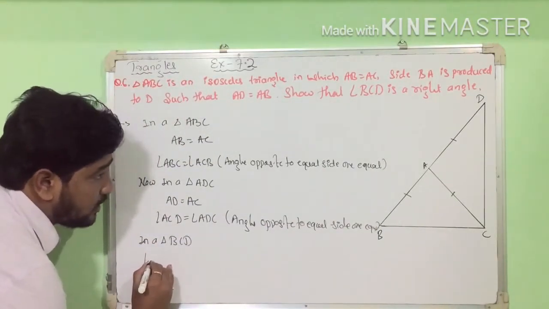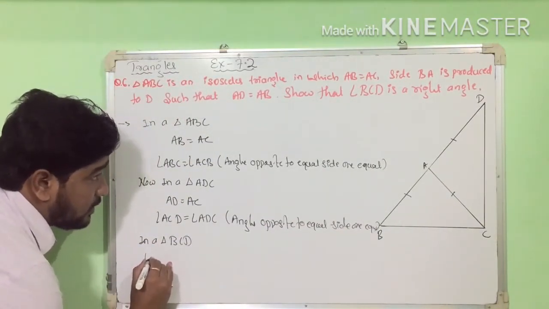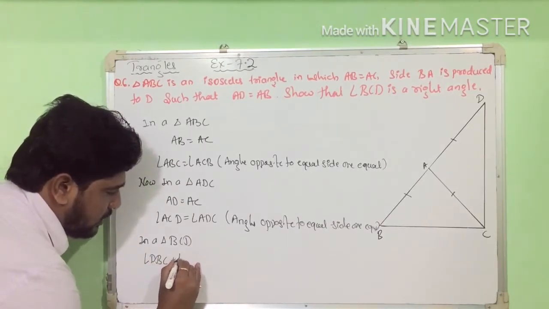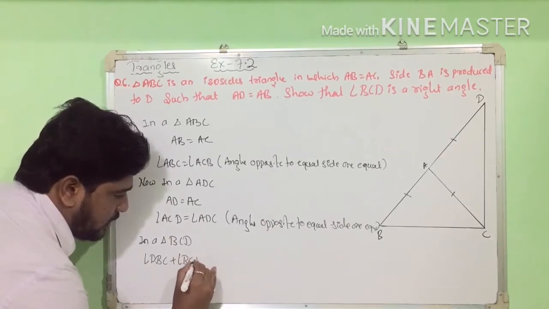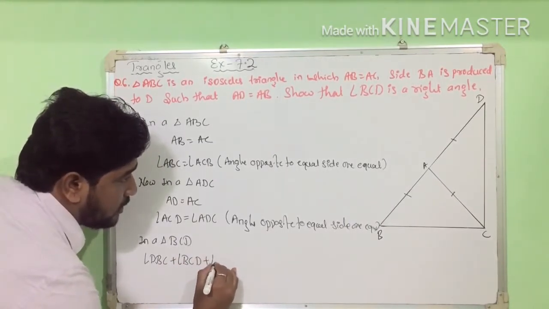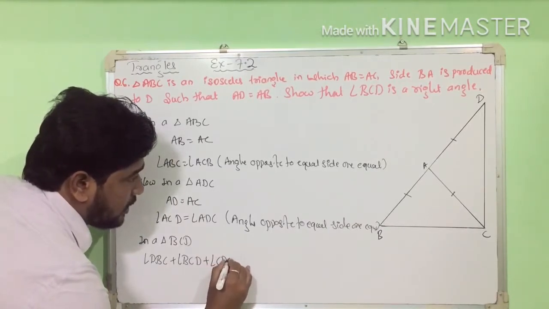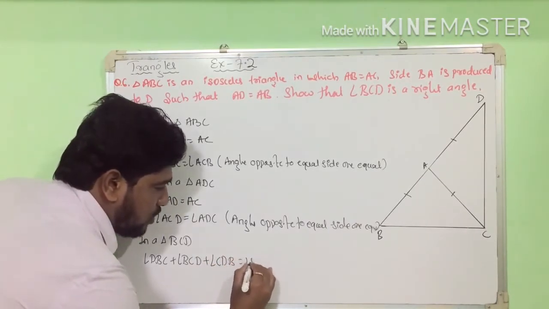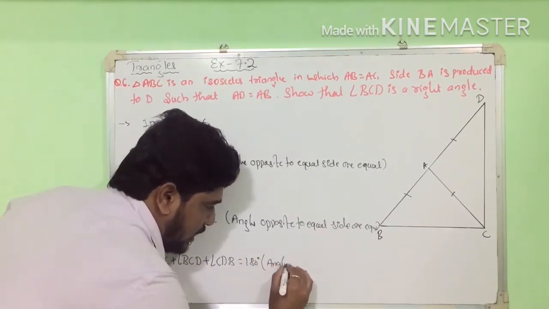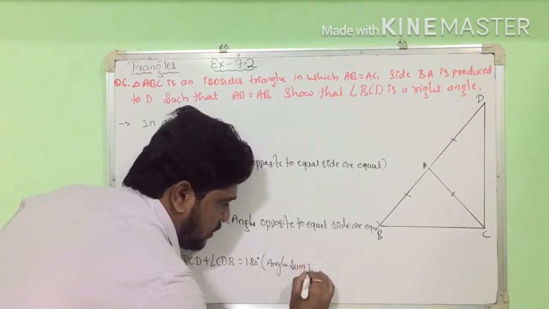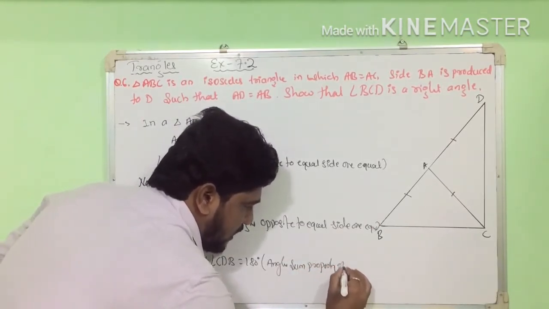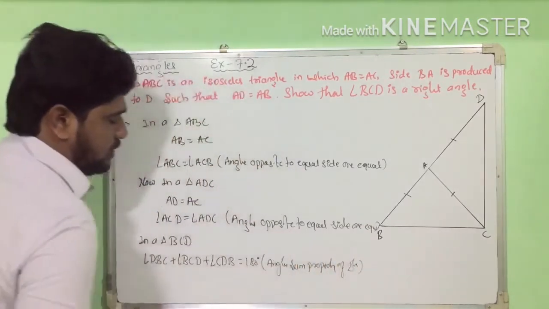So angle DBC plus angle BCD plus angle CDB is equal to 180. Angle sum property of a triangle, right?